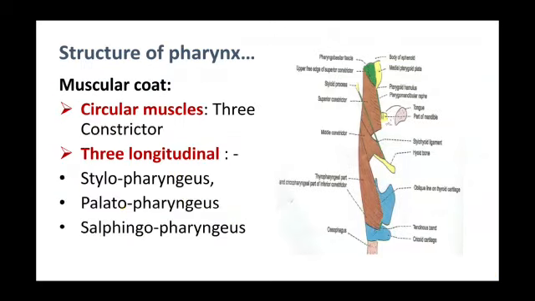So coming to the muscular coat, we have three constrictor muscles, that is the superior constrictor muscle, the middle constrictor muscle and the inferior constrictor muscle. Three longitudinal muscles, styloid process to pharynx, that is stylopharyngeus, the soft palate to the pharynx, palatopharyngeus, and salpingopharyngeus coming from the auditory tube.